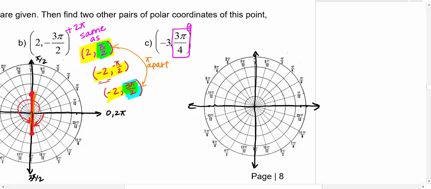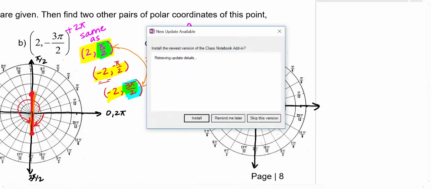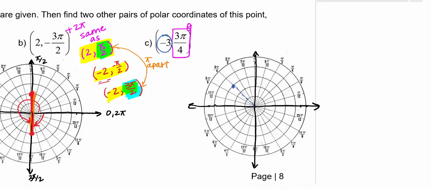So I'm going to move up my radius to be 3, and I'm going to dash it, or just try to draw it maybe a little lighter. 1, 2, 3. So I think I'm right here, but then when I really look at it, I have a negative r value. So that means opposite segment. So instead of being at the 3 pi over 4, I'm down here at negative pi over 4, or you can just look at it as that in the fourth quadrant.